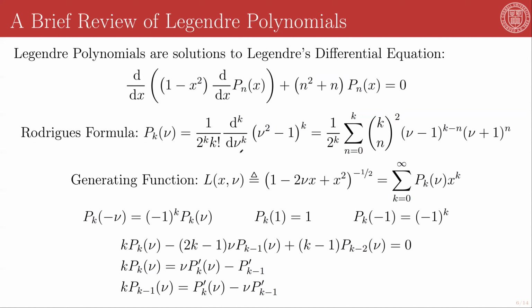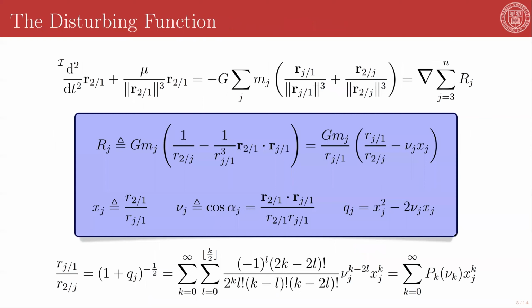We can also get to the same result from something known as the generating function, which is given by (1 - 2νx + x²)^(-1/2), which similarly produces an infinite sum in the Legendre polynomials of the form sum of k equals 0 to infinity of P_k(ν) times x^k. And so you will recognize that this is exactly the form that we ended up with after all of our various mangling of the disturbing function.